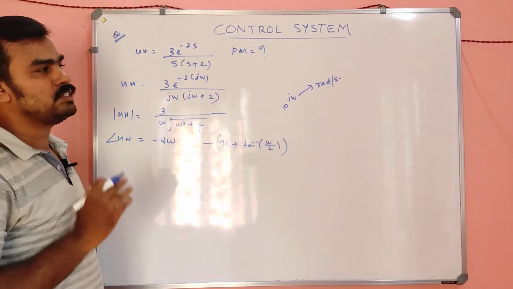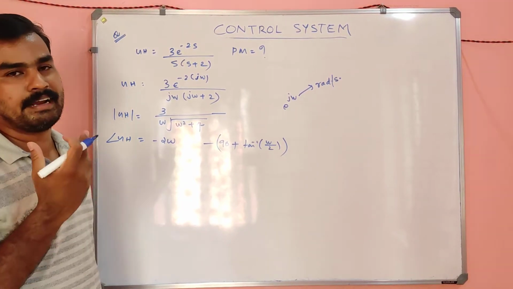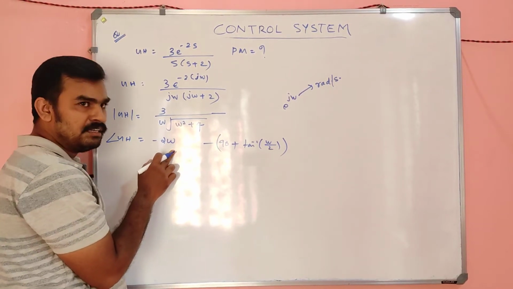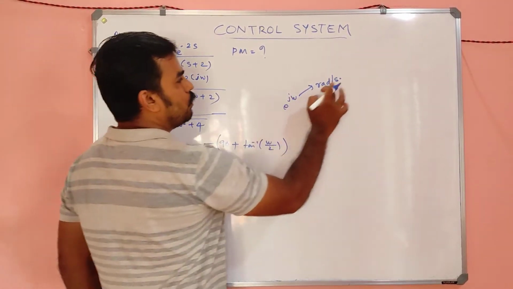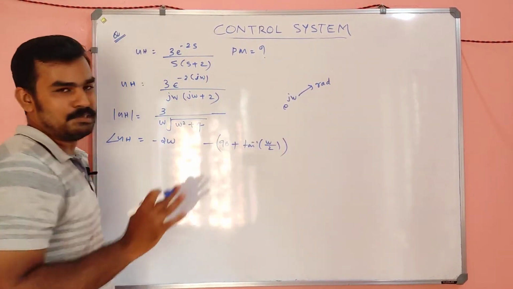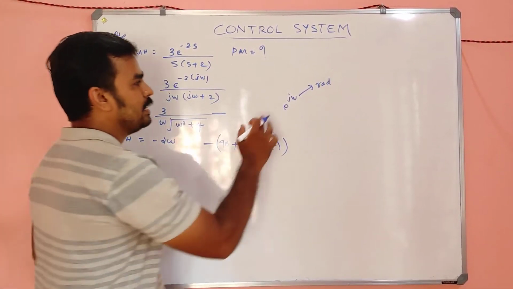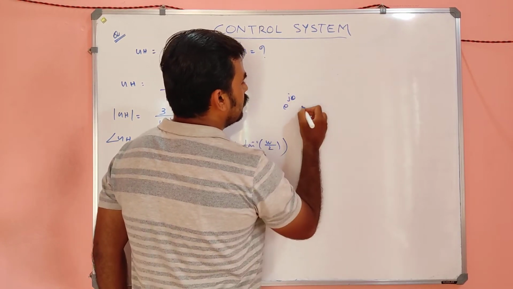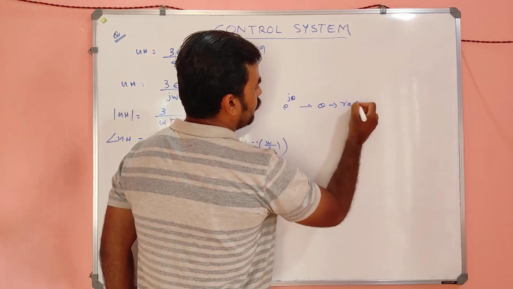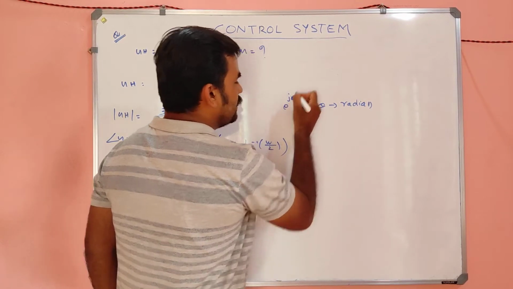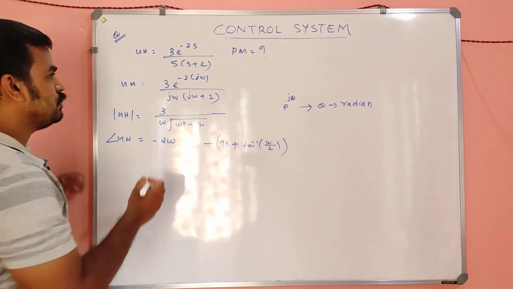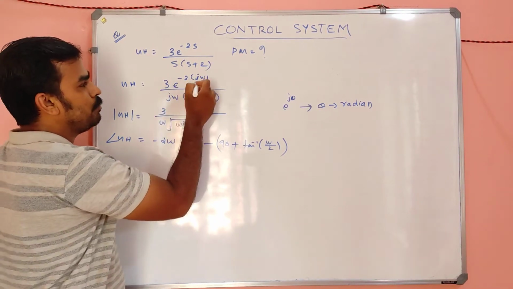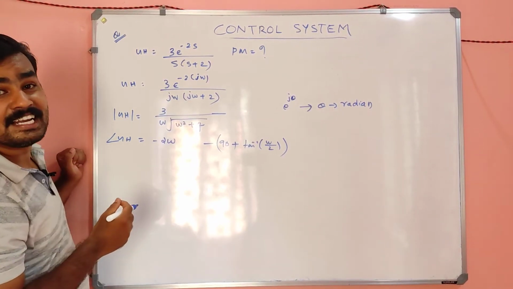It is in radian. In e raised to j theta, theta is in radian. Similarly, in e raised to minus j into 2 omega, this 2 omega is in radian.